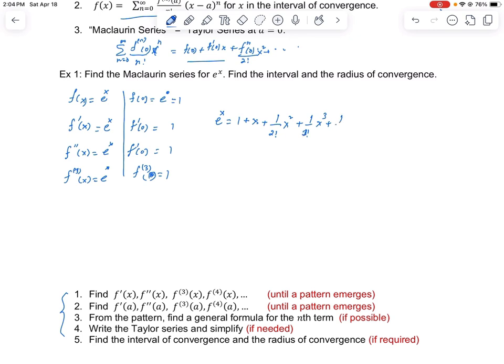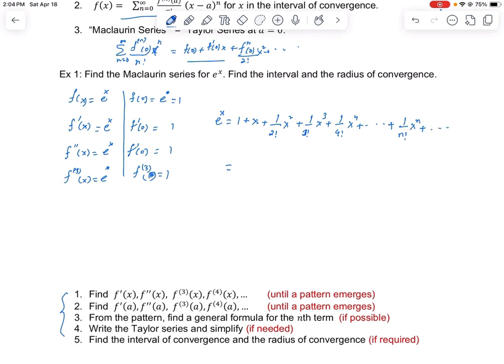It will be 1 over 4 factorial x to the 4th plus dot dot dot. The nth term, if you want, you can write it up here: 1 over n factorial x to the n plus dot dot dot.